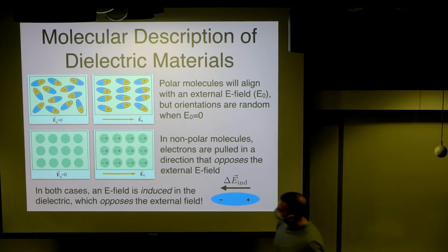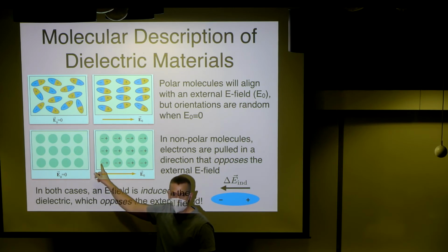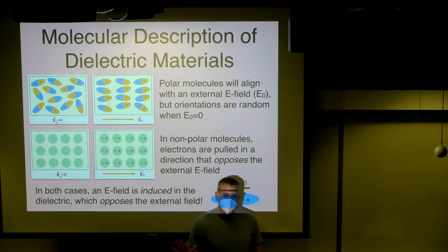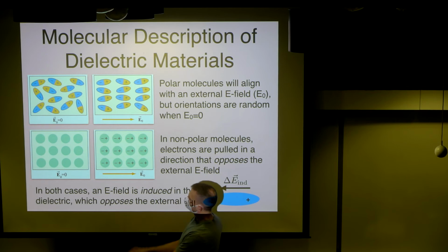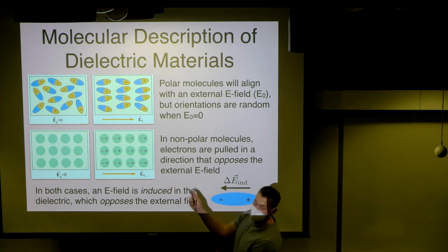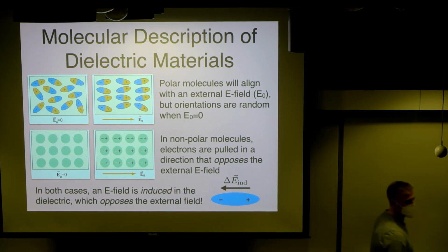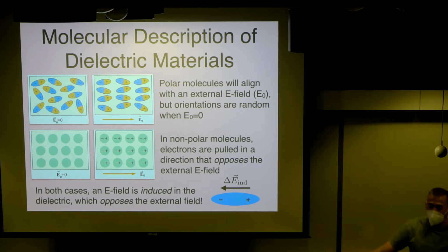And when that happens, now we have a negative side where the electrons have shifted to, and we have a positive side where the electrons have left. Okay, so because the electrons are now going to be sort of biased towards this direction, now we have polar molecules. We've induced polarization, in other words. It wasn't there originally, but just by turning on this E field, now we have it.